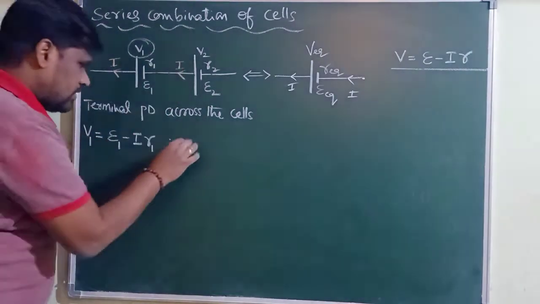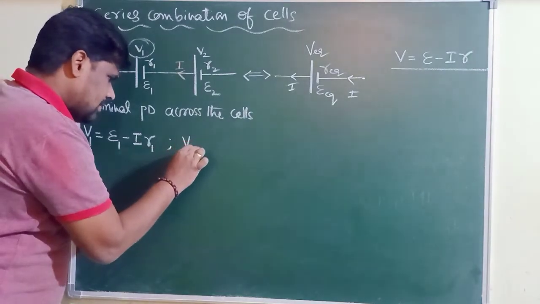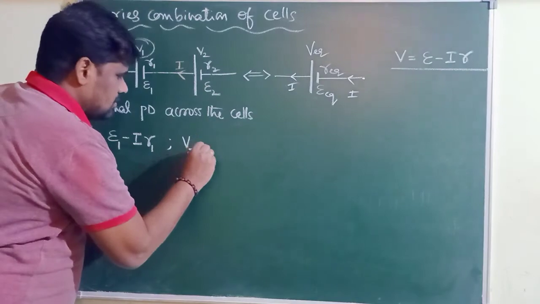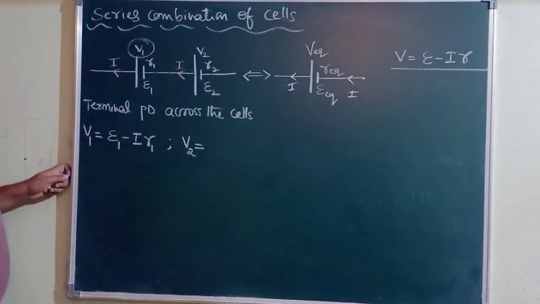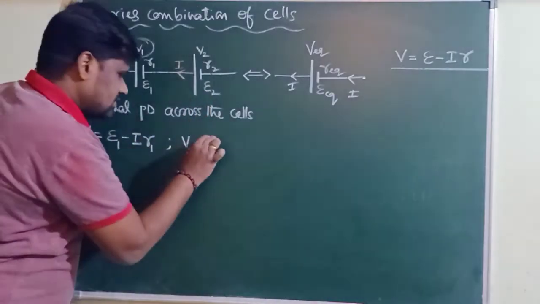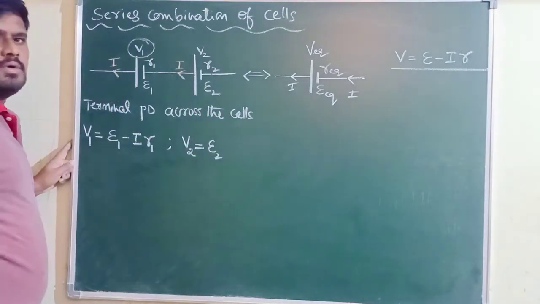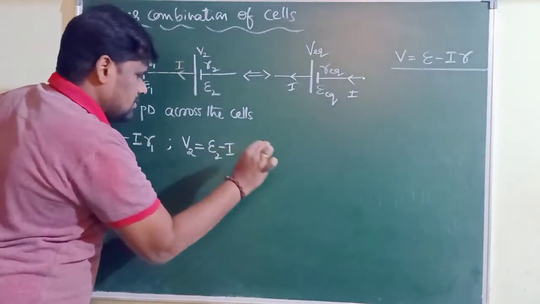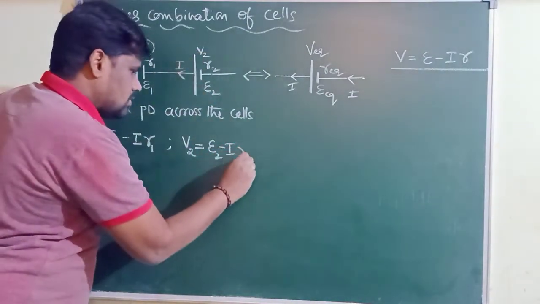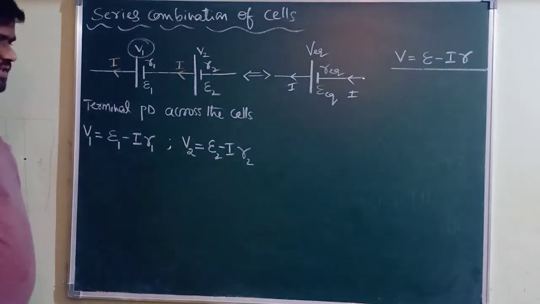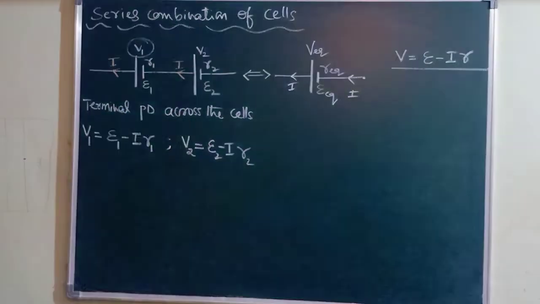It is given by V2 equals E2 minus I, where I is the current, and its internal resistance is R2.